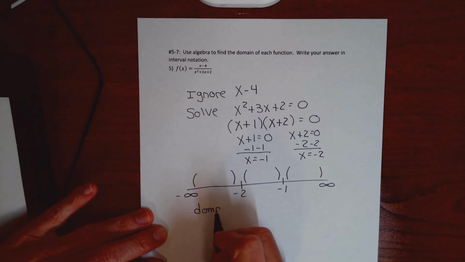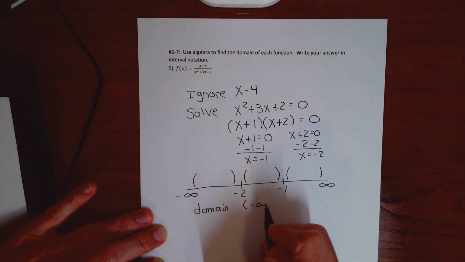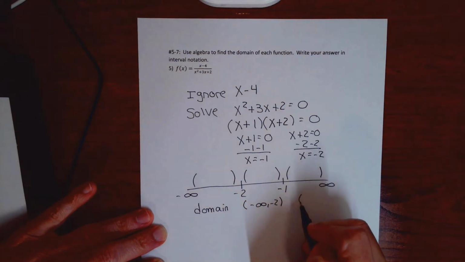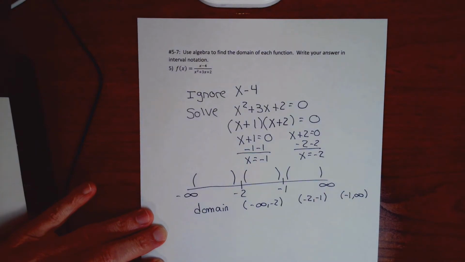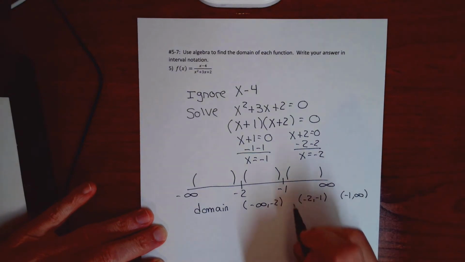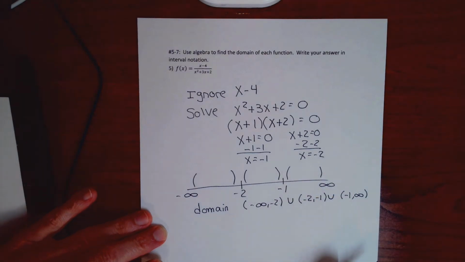For problem 5, I'm going to get 3 intervals for my domain. One's going to go from -infinity to -2, and these are all round parentheses. And then -2 to -1, and then -1 to infinity. Usually when a domain has more than one interval, you separate the intervals with a U symbol, which means union or.